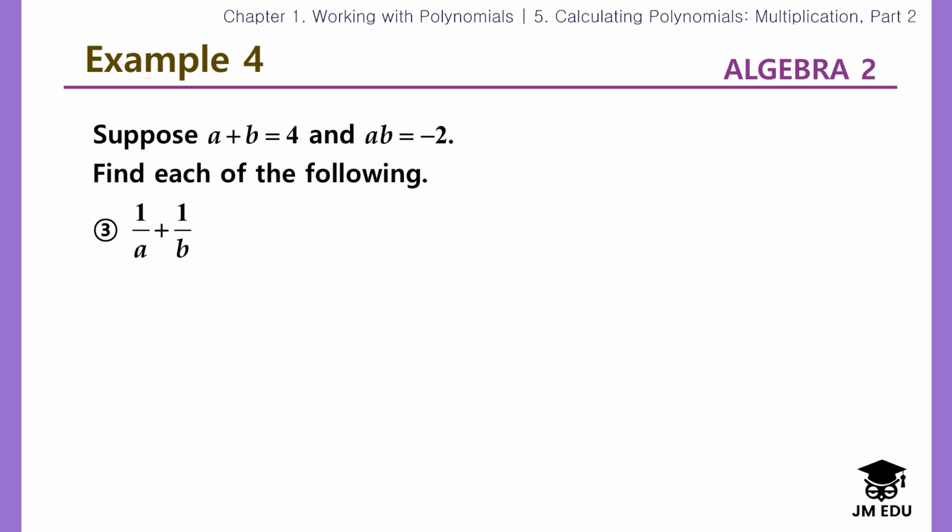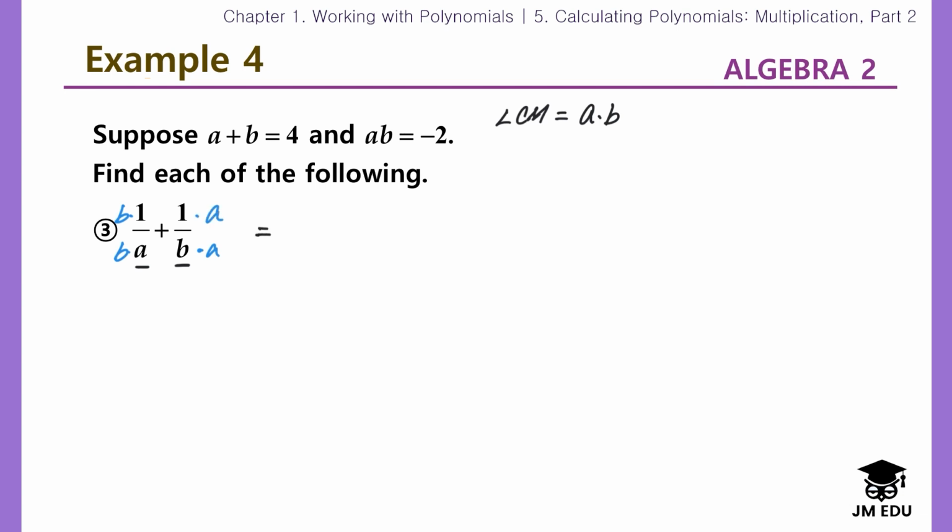Number 3, we have 1 over a plus 1 over b. For this one, we're going to find the common denominator to add these two fractions. So our common denominator is the least common multiple of these two denominators. We have a and b. That's just ab, right? So we're going to multiply by b here, and a here.